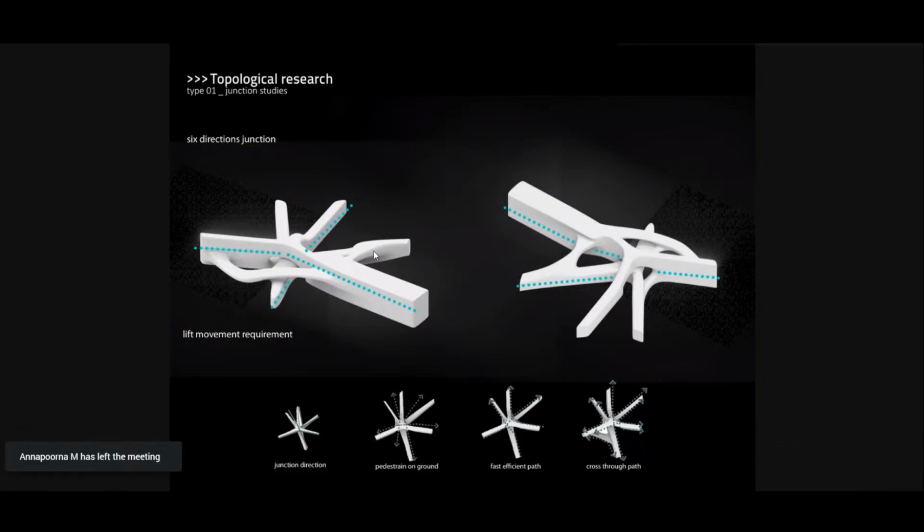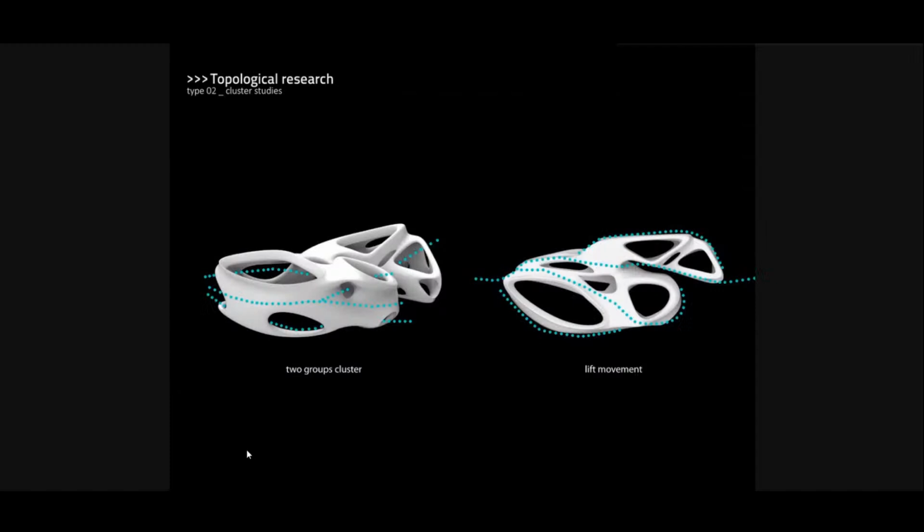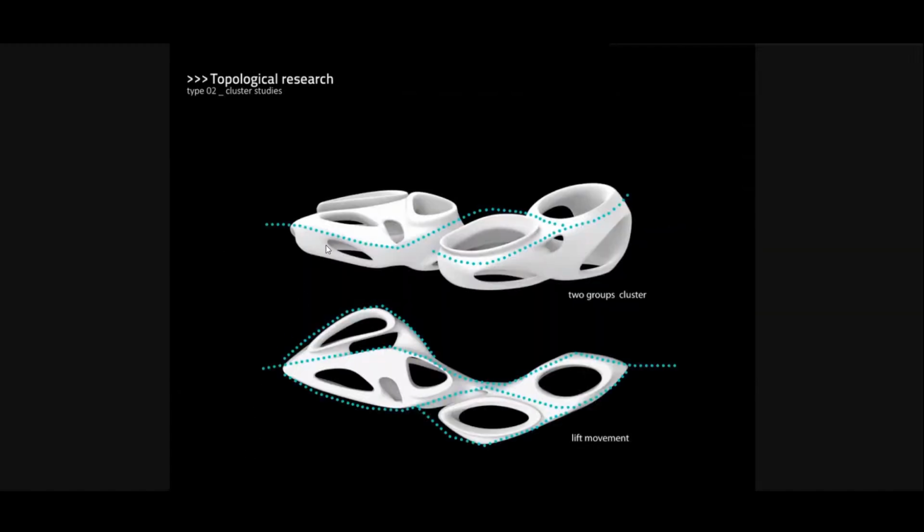So this was another junction study, by clustering geometries. We gradually increased the number of clusters as well, which again becomes more complex in terms of circulation movement and the provision of void.